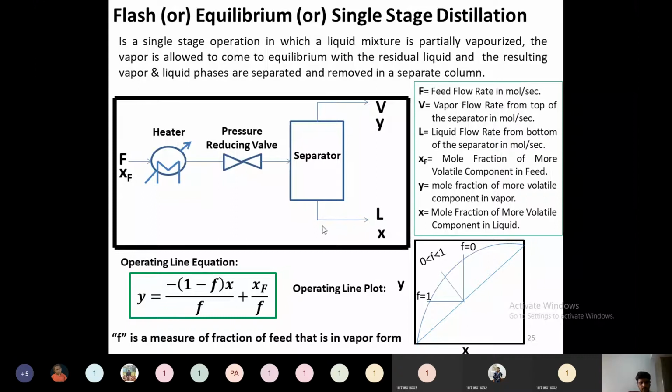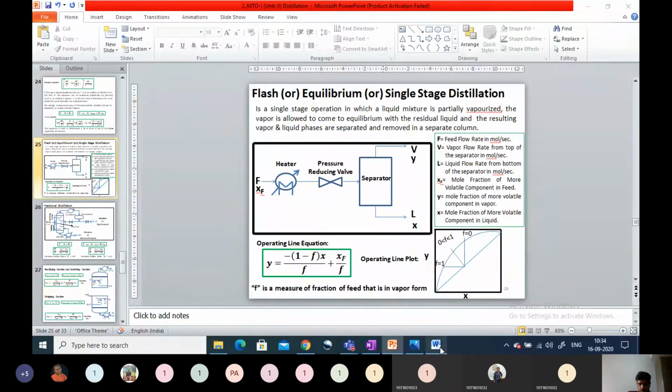So the problems are based on flash distillation.